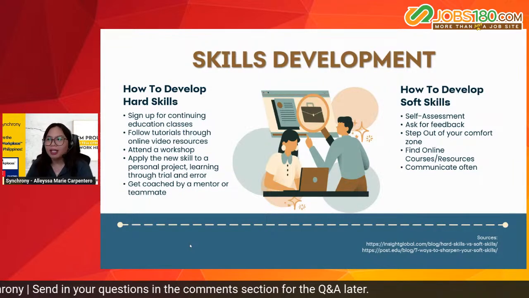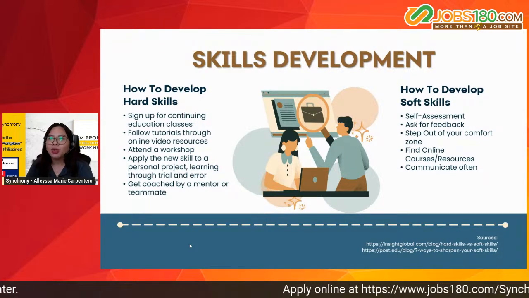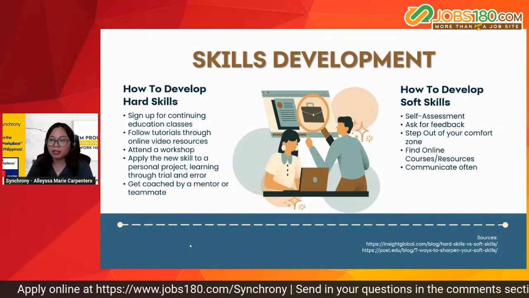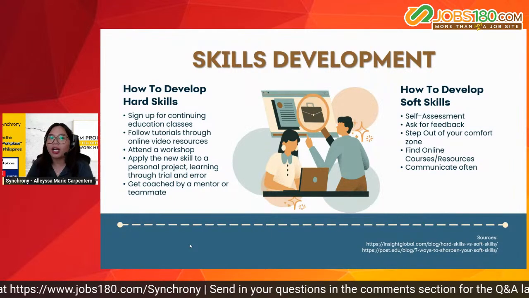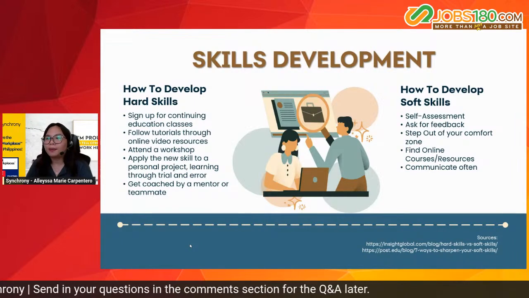If you think that the job is not for you because you don't have the skills, please do not limit yourselves. All right? Do not limit yourselves just because you think the job is not fit for you. We can always learn. And there are a lot of ways, as discussed earlier, for us to learn different skills or develop our skills.